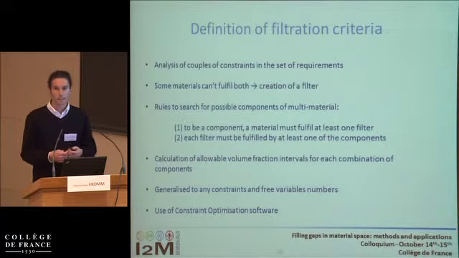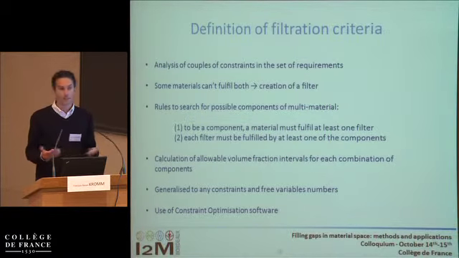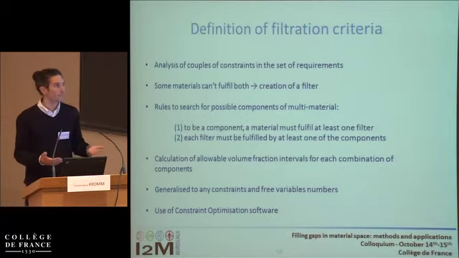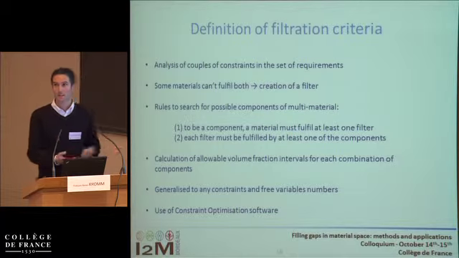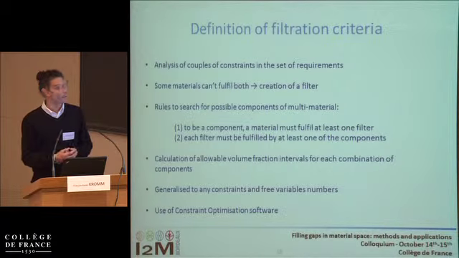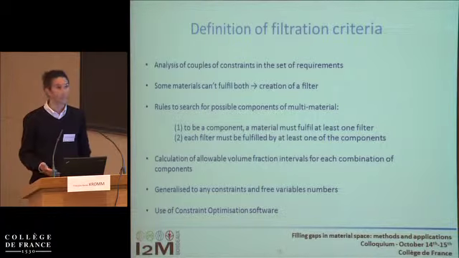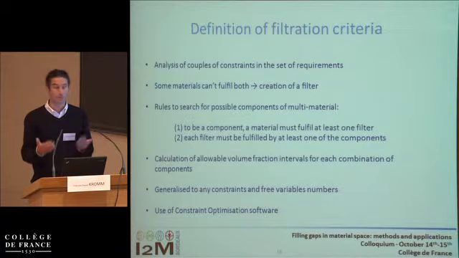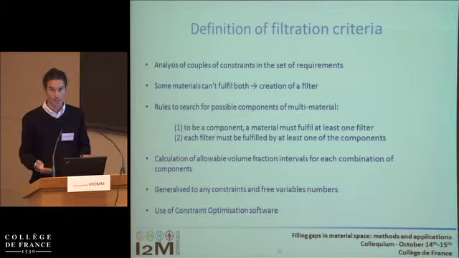We can have requirements that will need an important thickness, like having a high stiffness, for example, and some requirements that require low thickness, as for example a limited mass or cost. In this case, when we have antagonist requirements, we can define a filter. Each time we have two antagonist requirements.